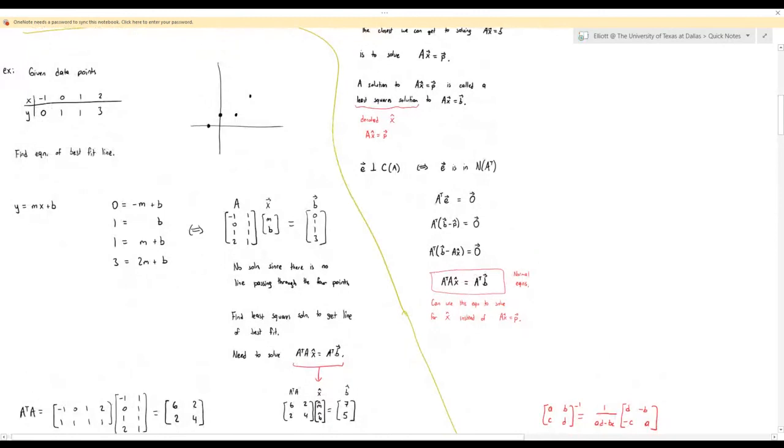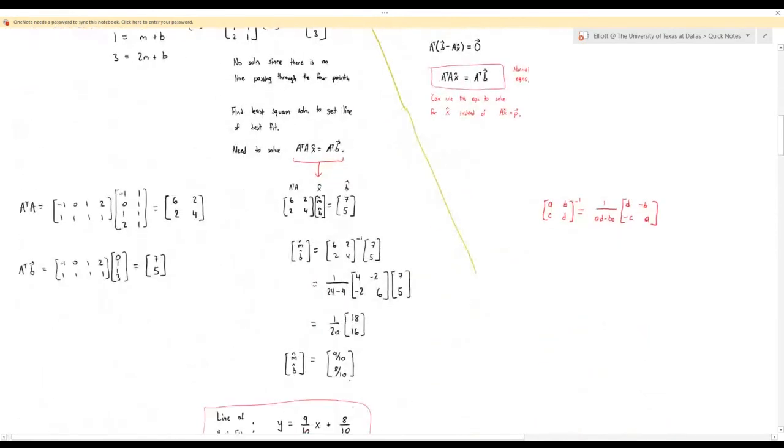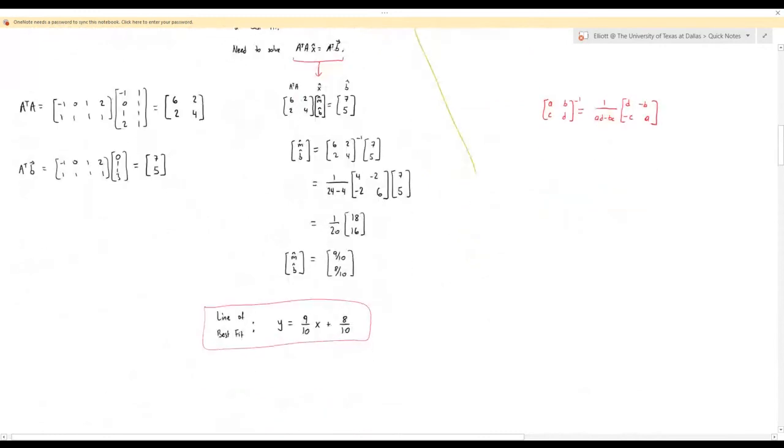But one thing I want to talk about first. In this example, I calculated this line of best fit. There's maybe a question of how we can measure how good of a fit this line actually is.